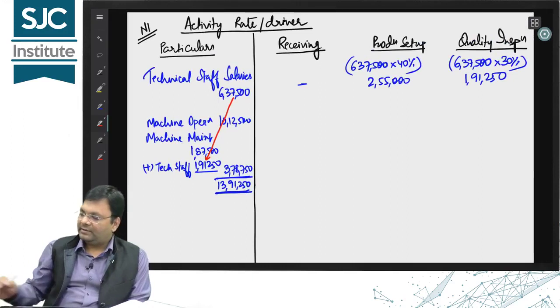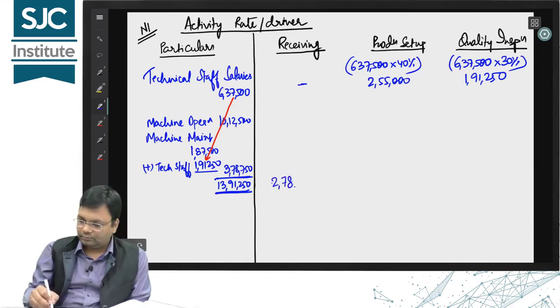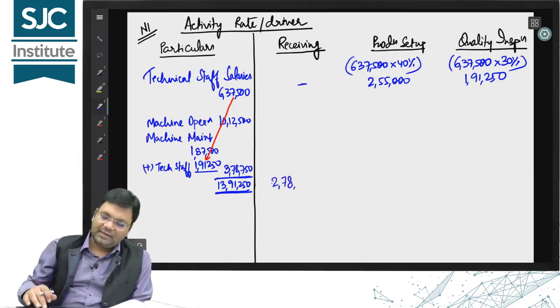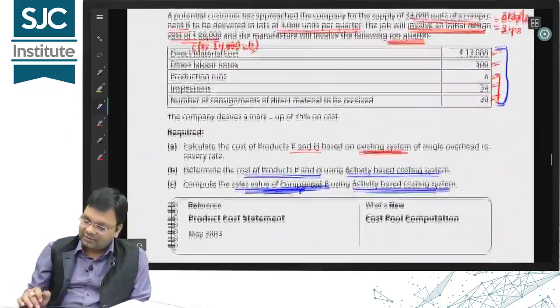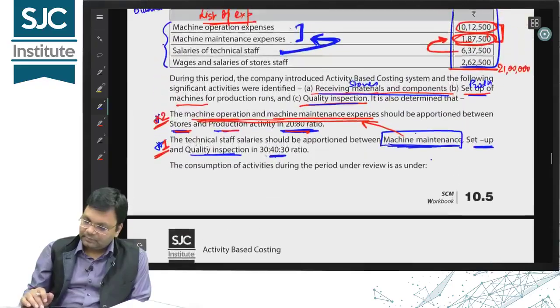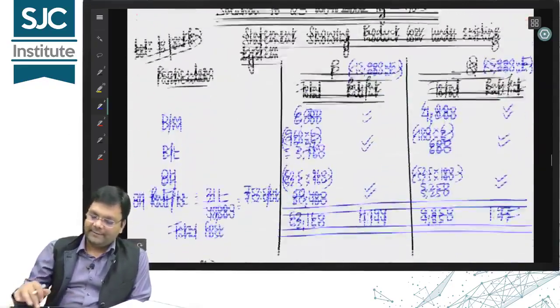And this 20/80 will go where? If you remember, 20% is going in stores and 80% in production activity.